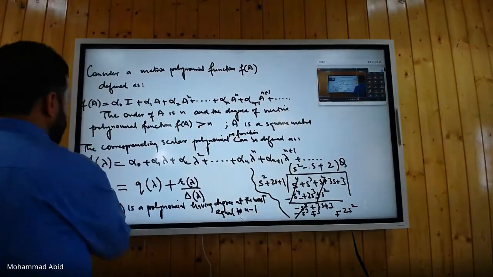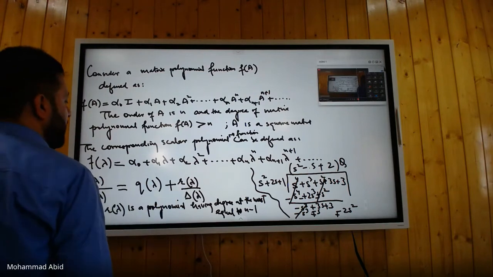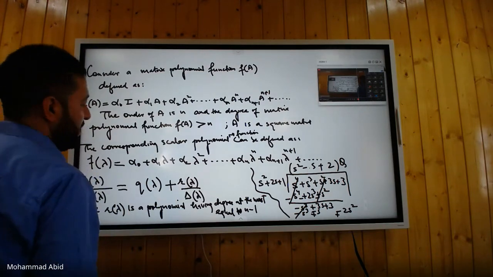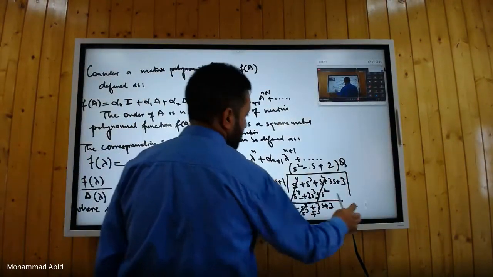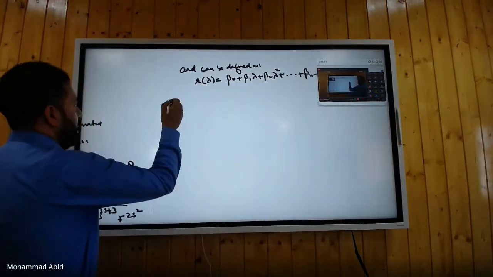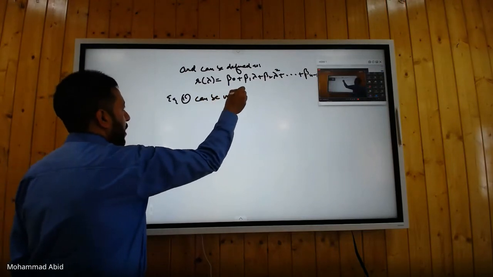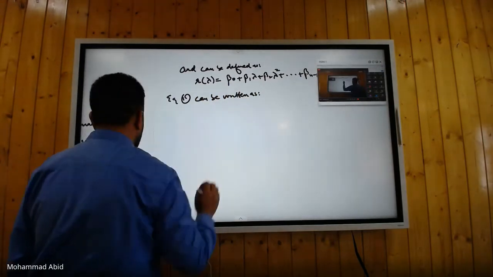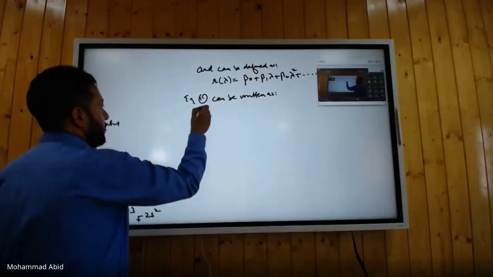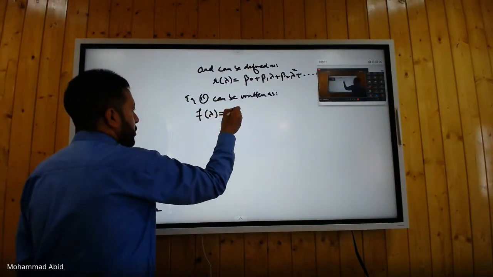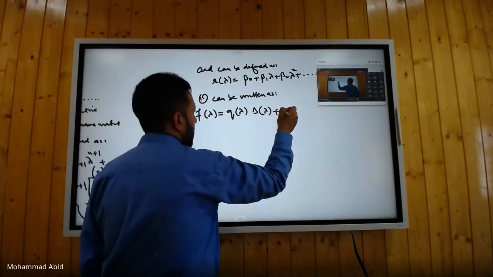Now coming back to this expression, I have f lambda upon delta lambda equal to q lambda plus r lambda upon delta lambda. I can write this expression like this. If I call this equation 1, equation 1 can be written as f lambda equal to q lambda delta lambda plus r lambda.